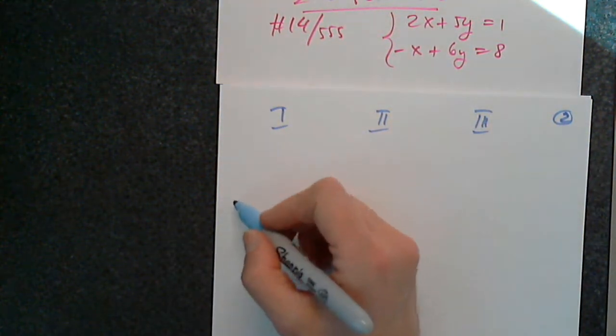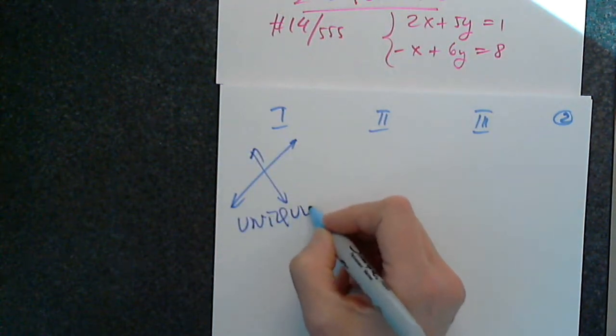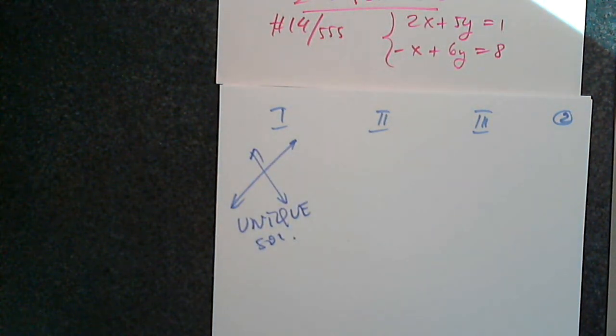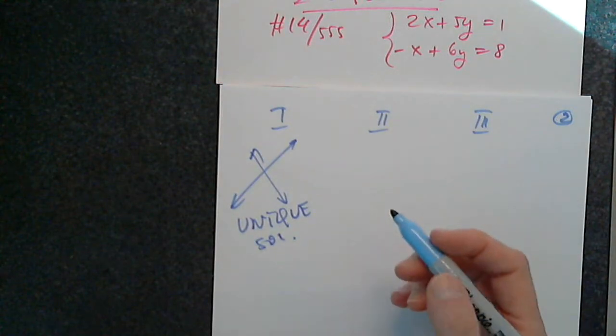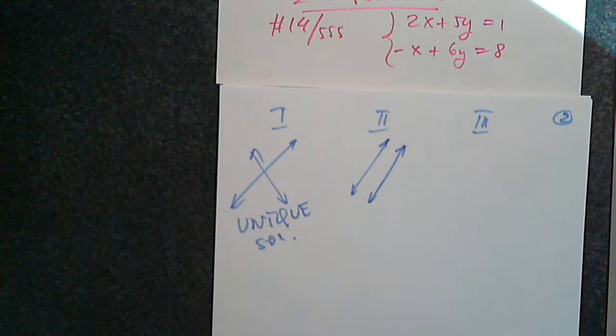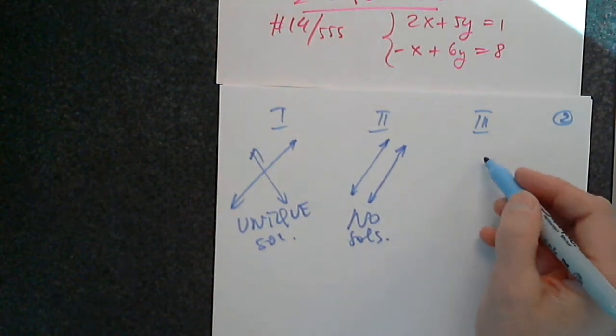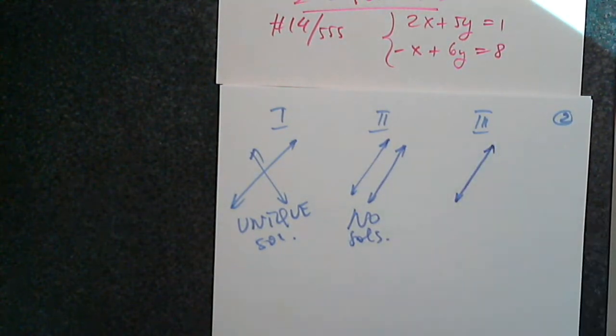So they might intersect. Yes, if they do, there is a unique solution. Just one. The second possibility is they are parallel. At how many points will two parallel lines meet? None. No solutions.